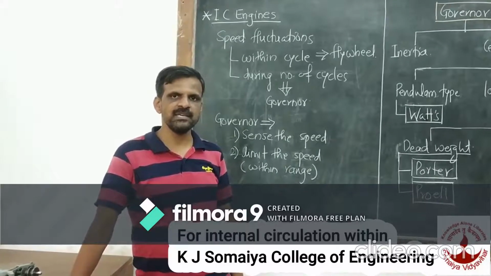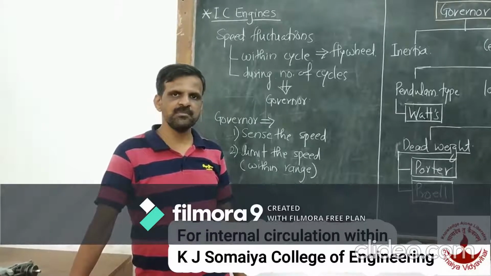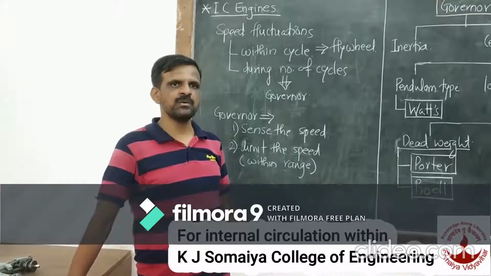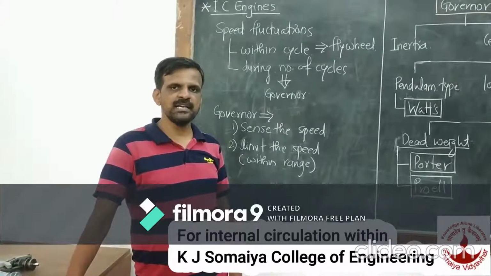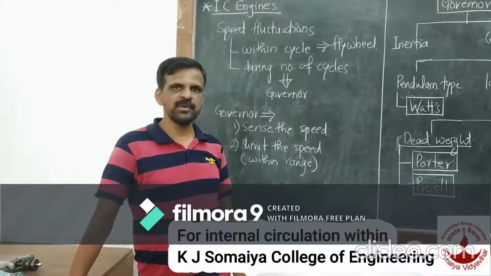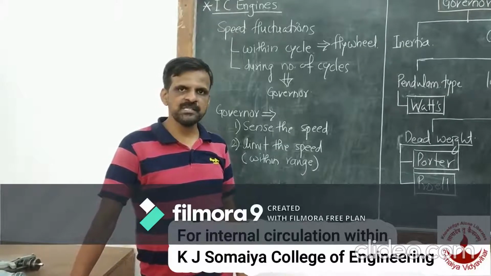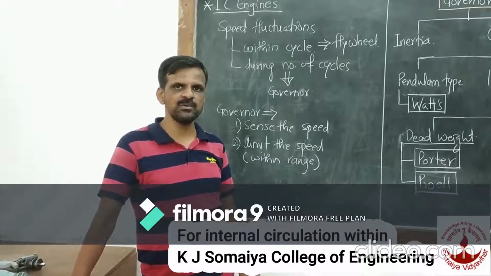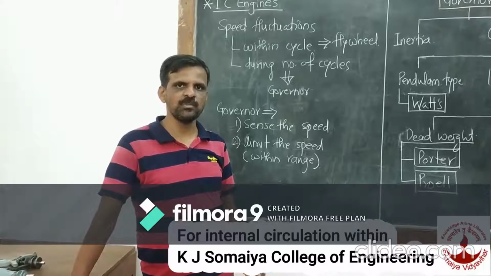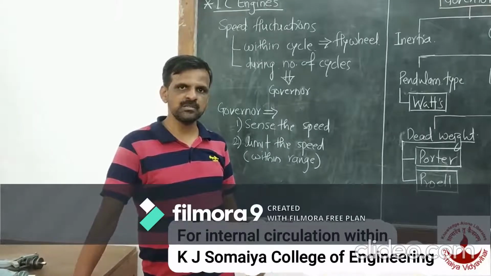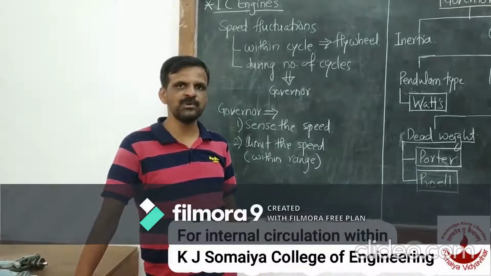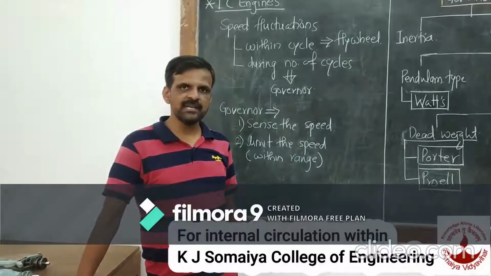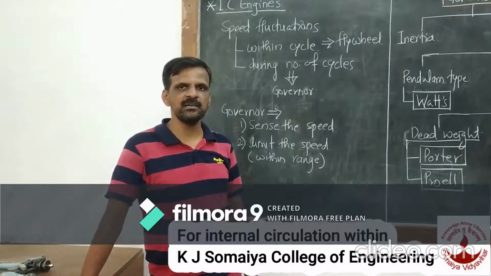It may vary within one revolution as well as within a number of revolutions. Whether it is a two-stroke engine or a four-stroke engine, the engine has to undergo all four strokes named suction, compression, expansion and exhaust stroke, and out of all four strokes the power is generated only during one stroke, that is the expansion stroke or power stroke, and that is utilized for the further strokes. So the speed of the engine varies within one cycle due to this different power generation during the different strokes.